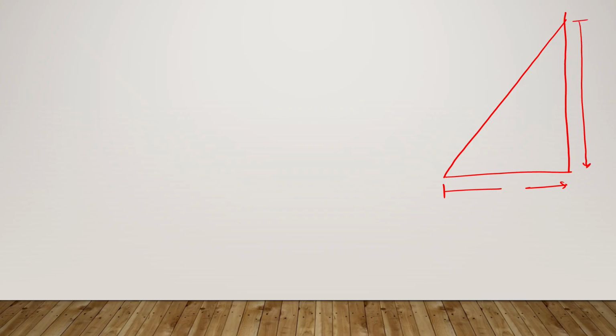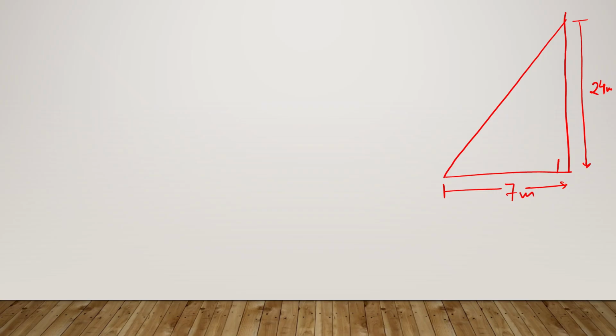So let us consider that the height of the wall is 24 meters and the base distance from the foot of the wall to the point where we are going to place the ladder is 7 meters. Then what will be the length of the ladder that would be required to climb on this wall?